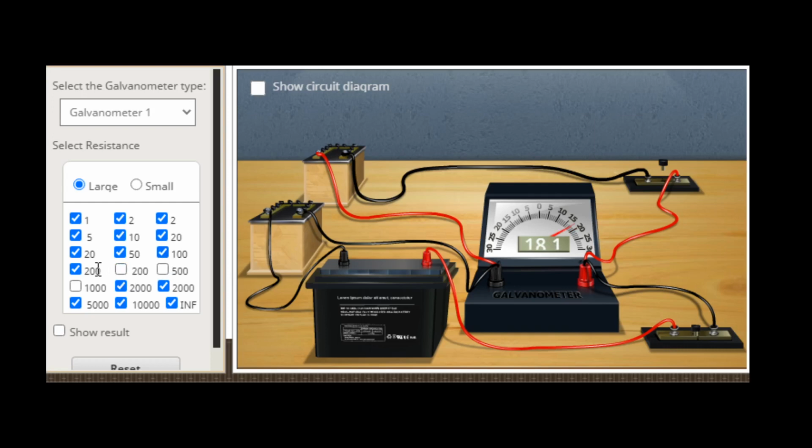I am trying to find out the resistance for which the value is 20 ampere passing through the galvanometer. So it is at 18.1.